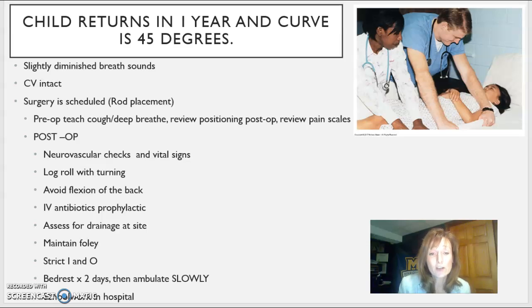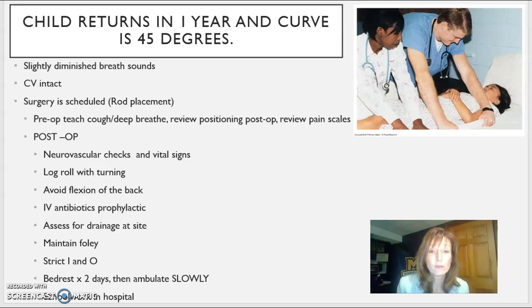So surgery is scheduled. So this is a rod placement. Preoperatively, we are going to meet with the patient to discuss what this process is going to look like, how they're going to need to do coughing and deep breathing exercises postoperatively, how they need to be positioned postoperatively, which is very important. And then we'll also review the pain scales.